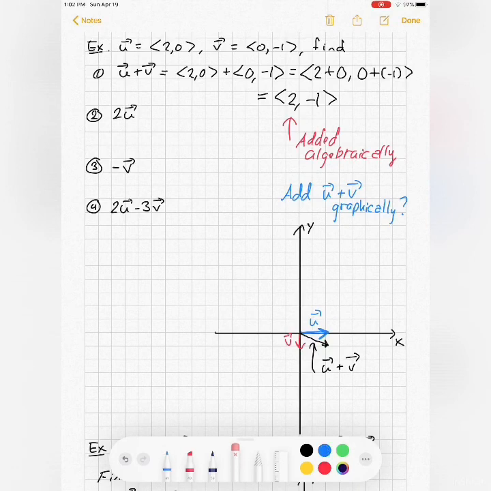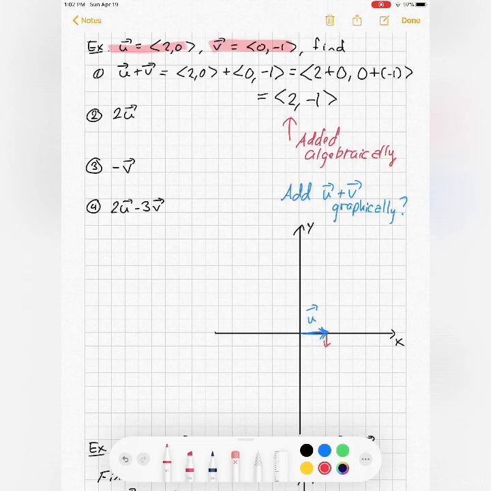Okay, let me show you how I would do that. I look at the vectors u and v. Now I can pick either vector to start with. It doesn't matter which one. So say I start with the vector u. That's right 2, up and down 0. Now, from the tip of u, I'm going to attach the vector v.